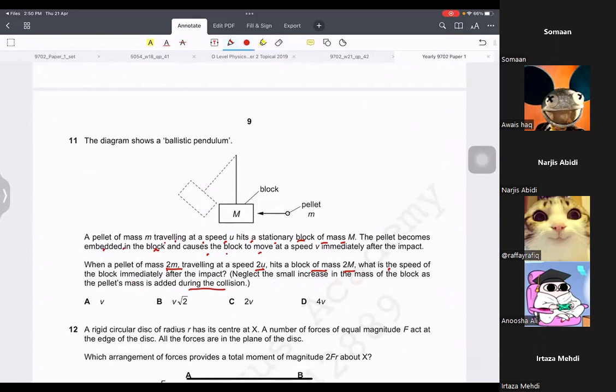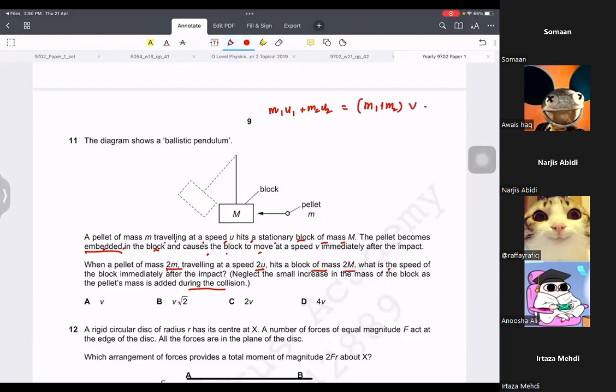Why would you want us to neglect it? Chalo, if he says so, fine. So the initial momentum is m1 u1 plus m2 u2, and when he uses the word embedded, it means mass 1 and mass 2 move together with a common velocity.